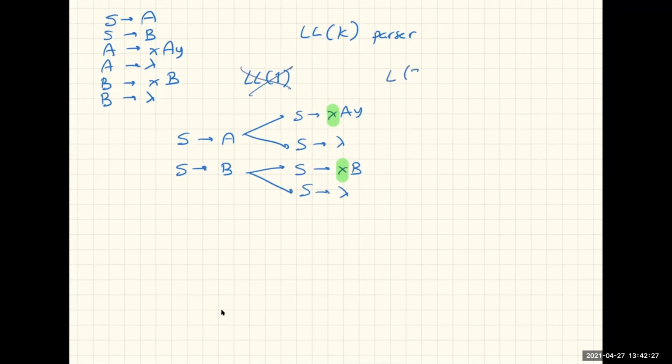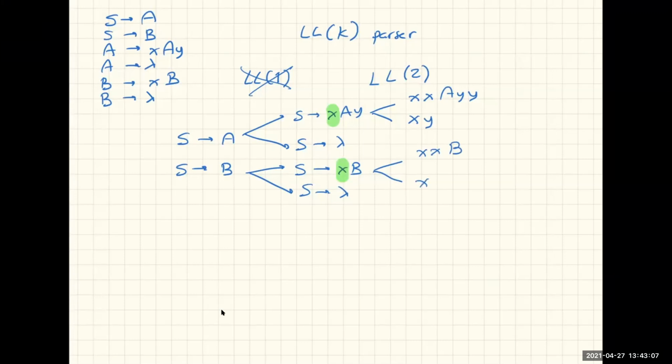Let's try with an LL2. Then we expand this again. If we expand A, we have two expansions as well: XXAYY, or XXY, substituting by lambda. And this one, we can substitute again with XXB, or XX.